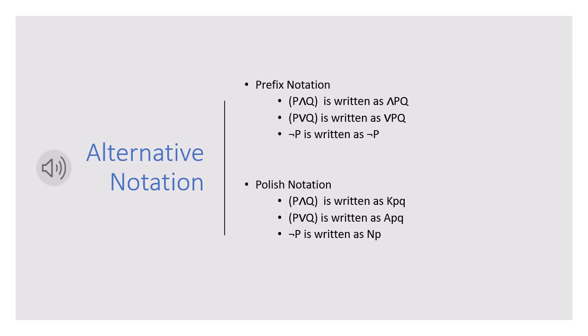So how does it work? Well, instead of putting the conjunction or the disjunction symbol in between the two complex sentences, like we have been doing, we instead put the symbol at the beginning, much like we would have done with a predicate symbol when we were forming an atomic sentence. And you can think about it, if you're putting it in this way, as this conjunction symbol being a symbol that's a lot like a predicate, with its arity being 2.